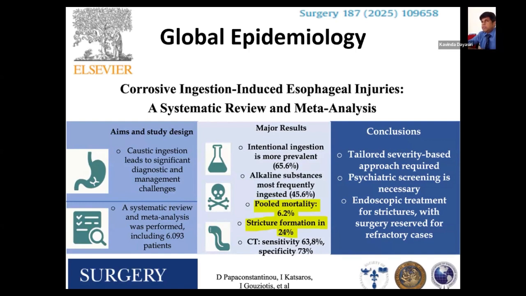Out of the corrosives, acids and alkalis, alkalis emerged as one of the most frequent substances ingested, accounting for nearly 50%. And it carries high mortality. The pooled mortality of all these cases was 6.2%. And it also had a very high reported incidence of stricture formation, nearly one quarter.